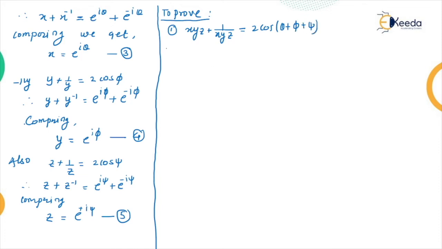We have to prove this. So taking LHS, LHS is xyz plus 1 upon xyz.